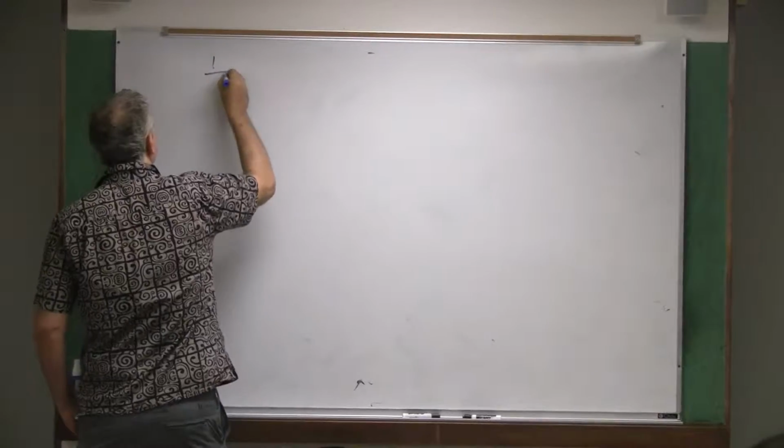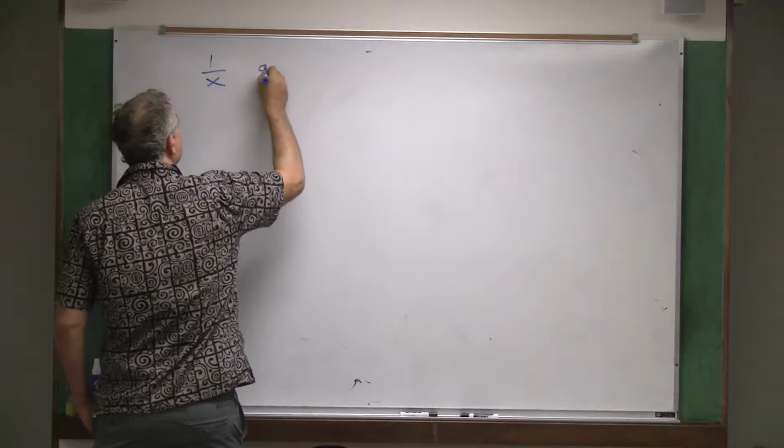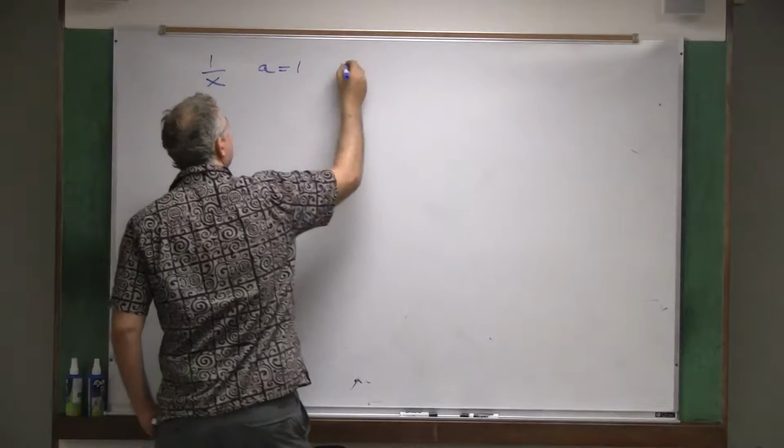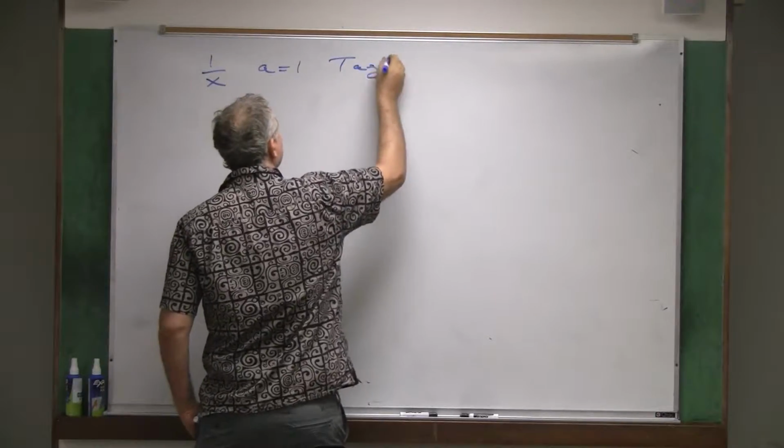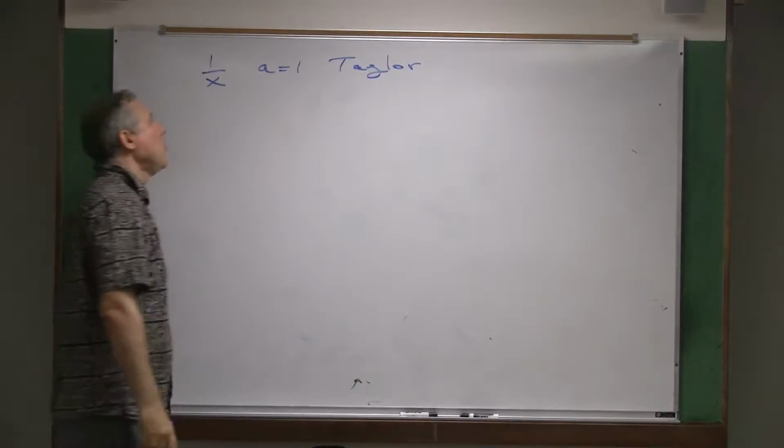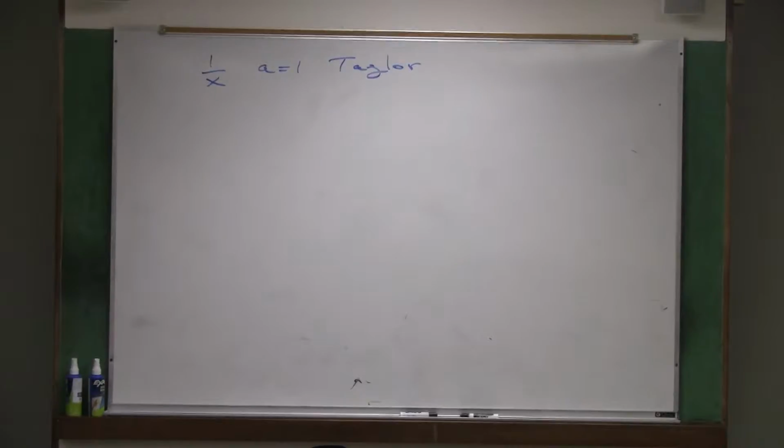So, 1 over x, where x equals 1. You want the Taylor series. I think the way to do this is to go through the pattern and try to figure out the pattern.